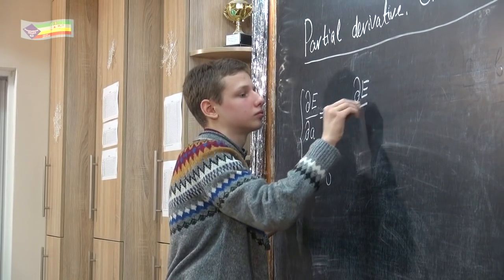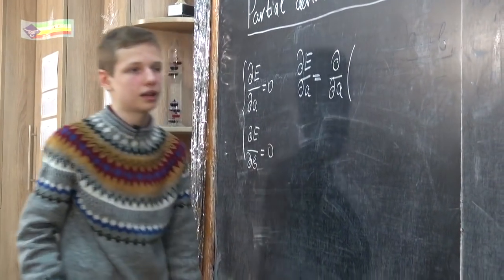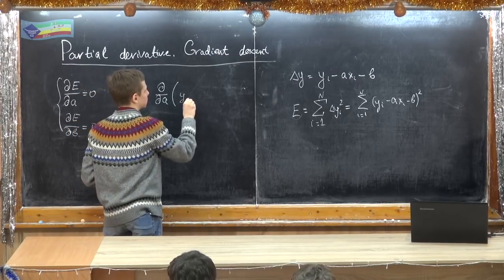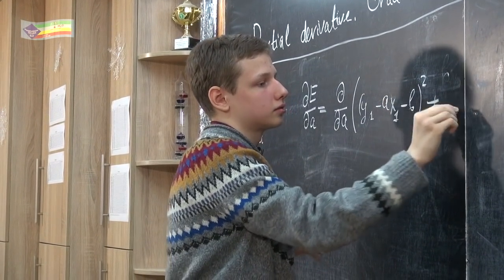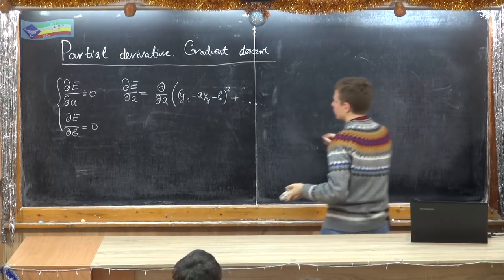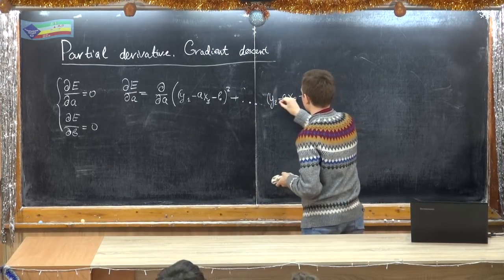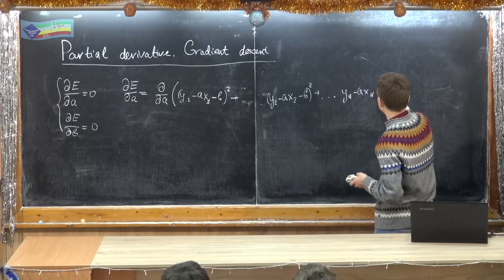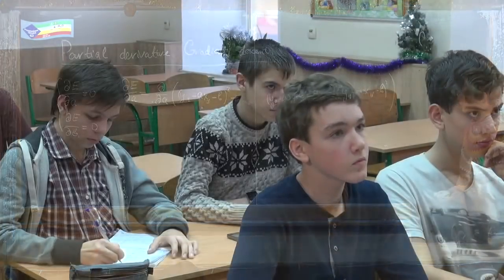So the partial derivative with respect to a is equal to the partial derivative of, and now I'm going to write this again as a normal sum, which we are common with, like y1 minus... plus... plus... So this is the whole expression, and we are taking the partial derivative with respect to a.